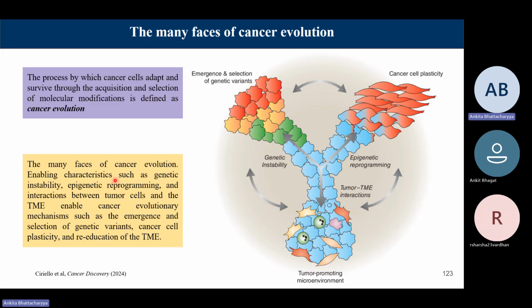Enabling characteristics, like I mentioned, such as genetic instability, epigenetic reprogramming, and interactions between tumor cells and the TME, enable cancer evolutionary mechanisms, such as the emergence and selection of genetic variants, cancer cell plasticity, and the re-education of the tumor microenvironment. So these are the three major subtypes.